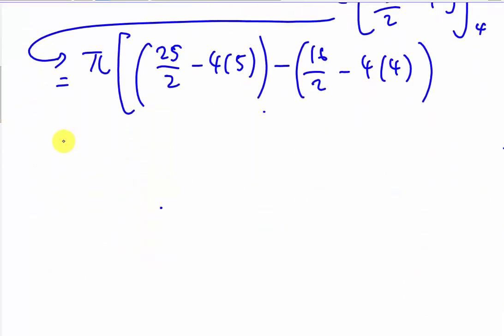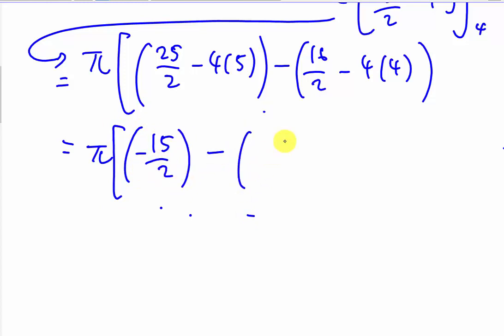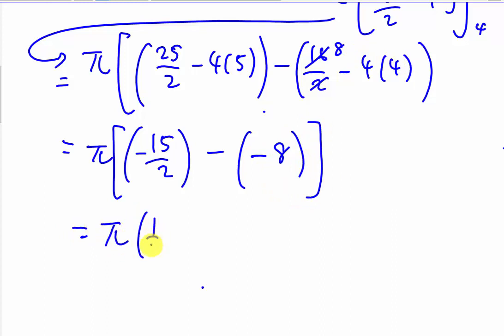So it equals pi, this is 20, 25 over 2 minus 20, which is negative 15 over 2. And minus this one, which simplifies to 8 minus 16, negative 8, so plus 8. You get the answer 1 over 2. So the final answer is 1 over 2 pi. You can write units cubed.